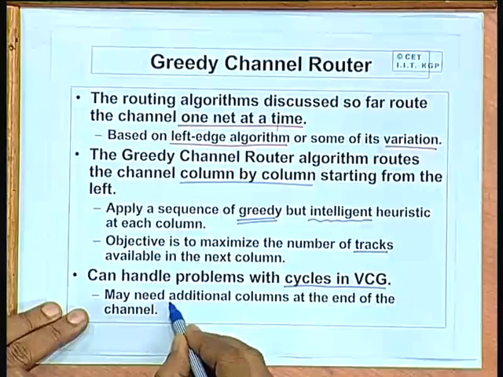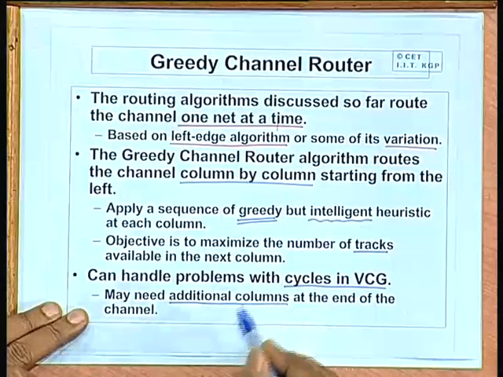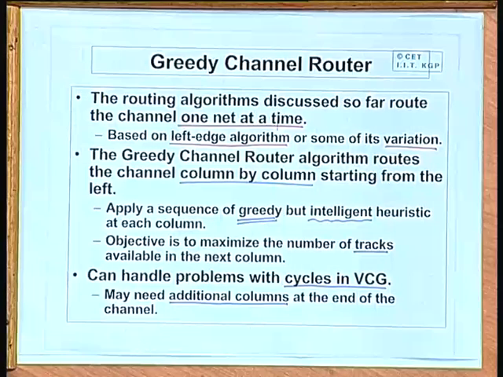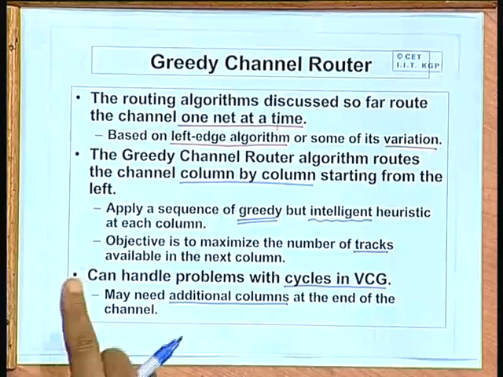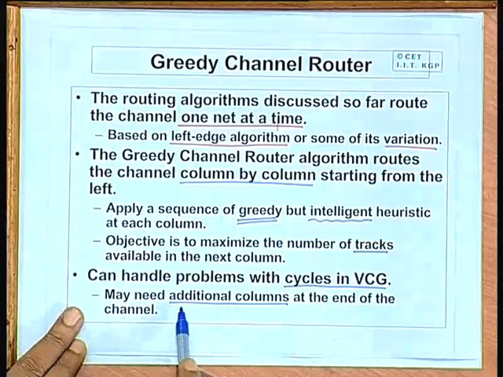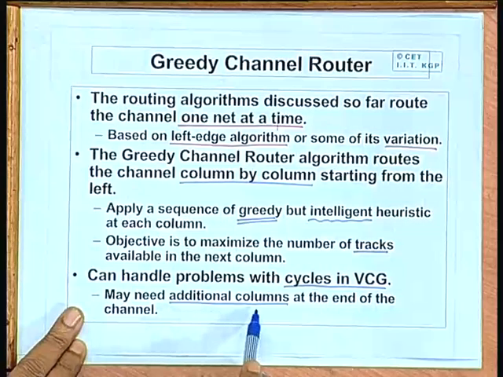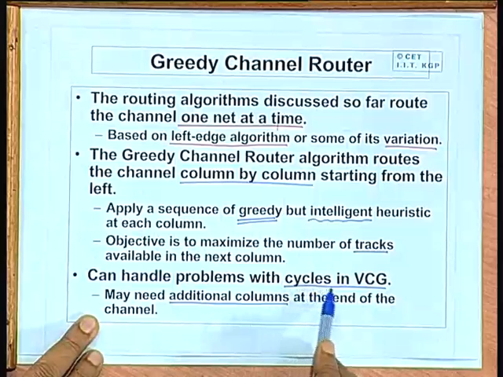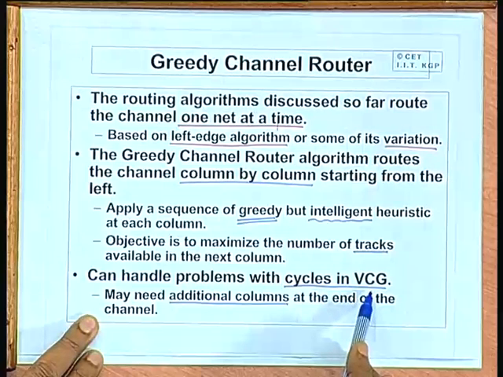But if you have cycles in the vertical constraint graph, you will require additional column positions to complete it, as we had seen in an example in our last class, that if you have cyclic constraints, you need additional tracks with dogleg to complete it. So, either in the middle of the channel or at one end of the channel beyond the boundary, you may need additional columns to complete the routing if you have cycles in the VCG.